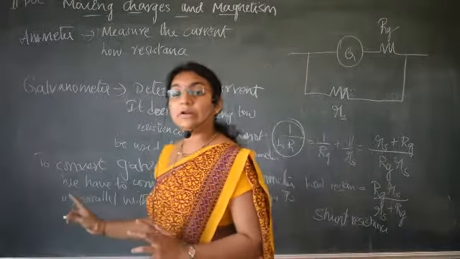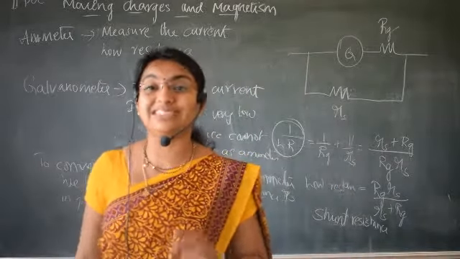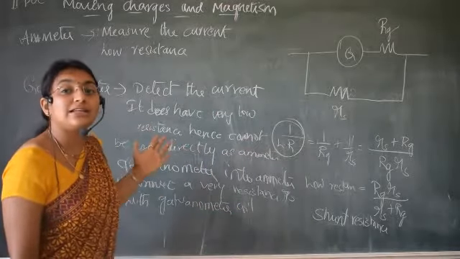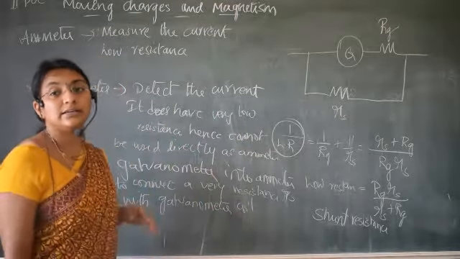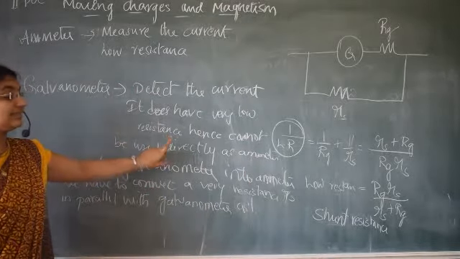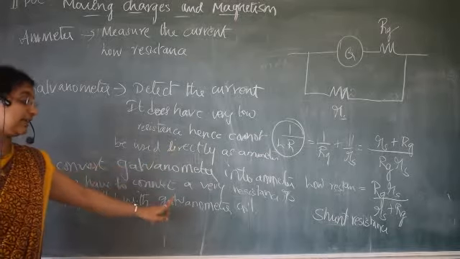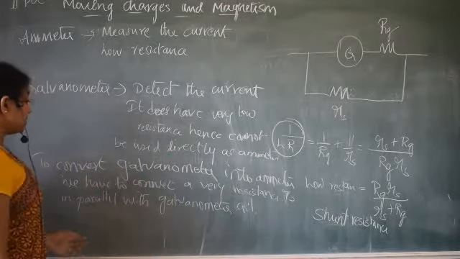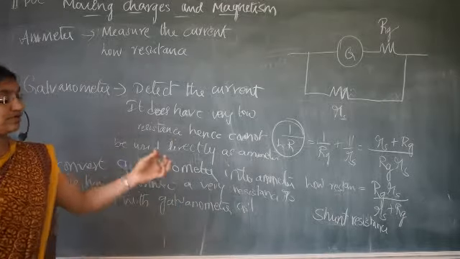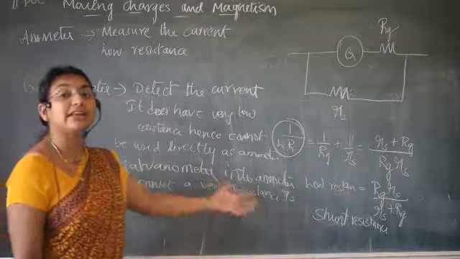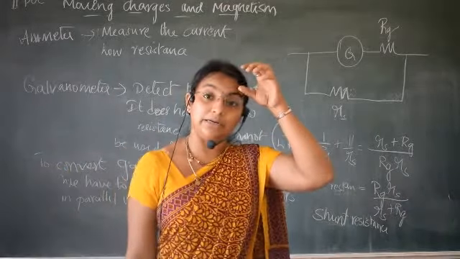Now what about the galvanometer? It is a device used to detect the current. It will not have very low resistance as it is in the galvanometer. But we can make its resistance low by connecting one low resistor in parallel with it. By connecting a low resistance in parallel with it, we are converting the galvanometer into an ammeter.